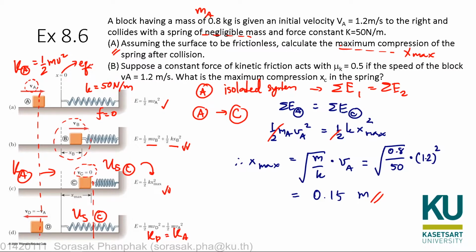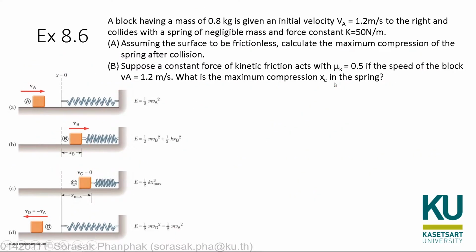Moreover, in the next sub-question, you want to find the maximum compression in the spring, XC. How about if now you have friction involved in the system? Initially there is no friction, but in this case with friction. So now we will determine it.